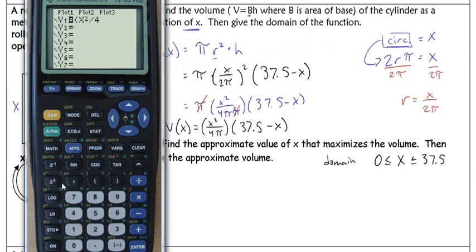Where is pi? There it is. 4 pi. It's a little bit tough on the fake calculator here. And then that times 37.5 minus x.